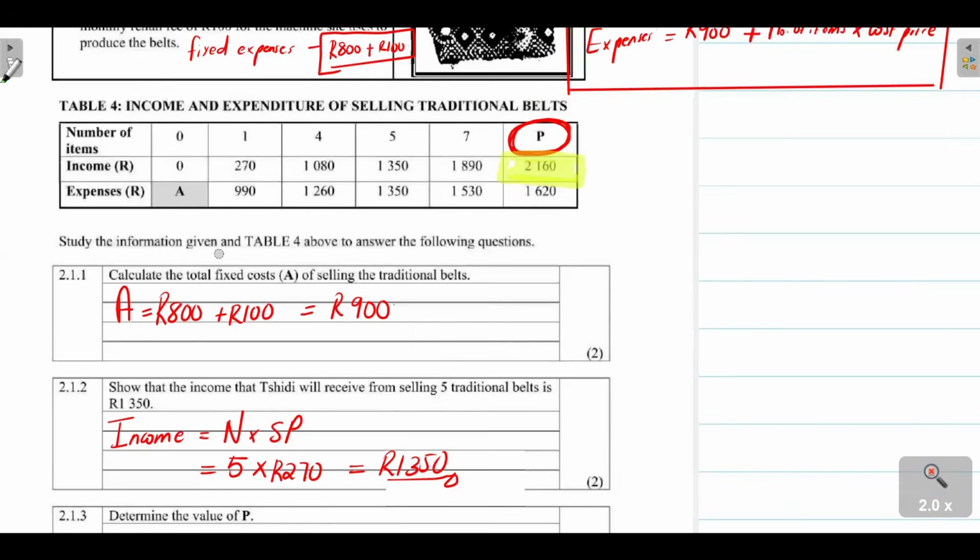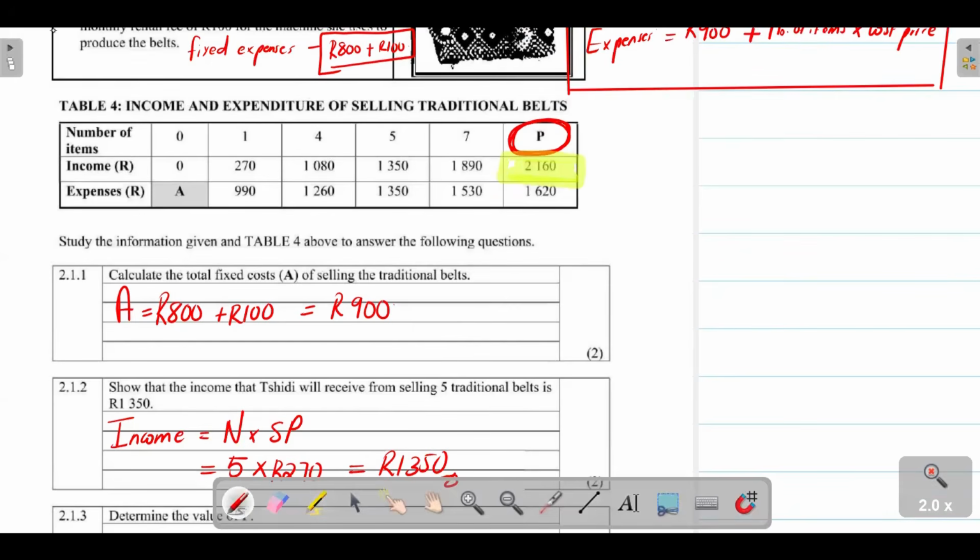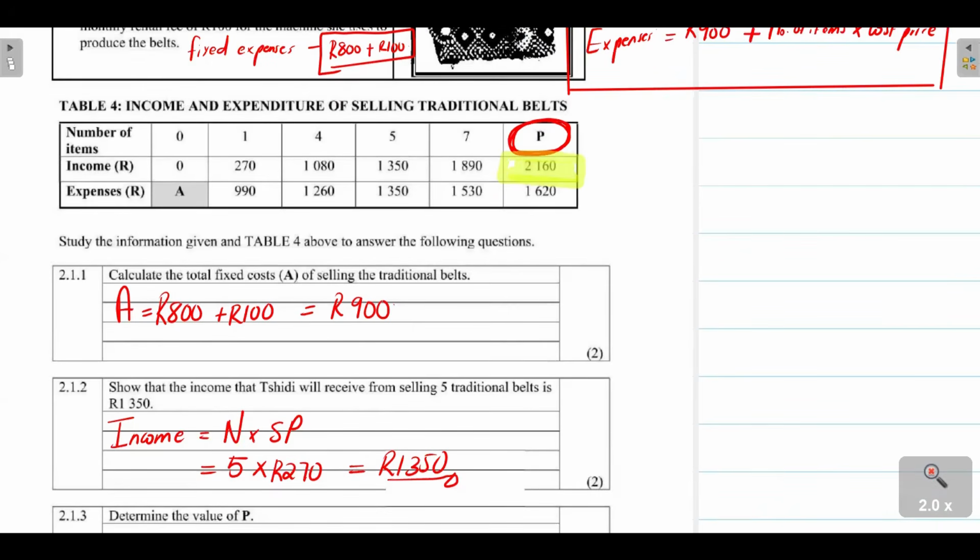I'm going to do it here on the side. Remember, I've been saying this all the time, guys: start with what you know. How do I calculate my income? Income is equal to number of items multiplied by selling price.